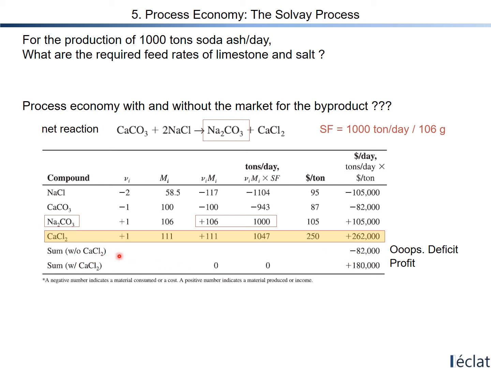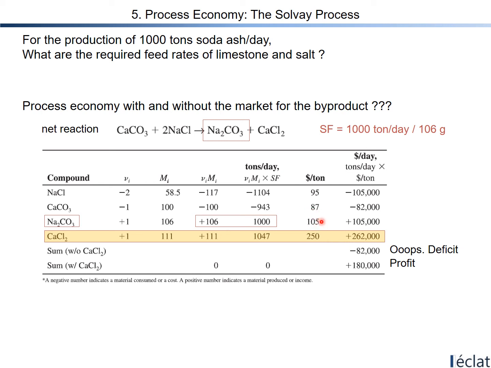In that case, oops, deficit. We lost money from the chemical processes. However, surprisingly, the byproduct is very valuable, more than the sodium carbonate. The value of calcium chloride is $250 per ton, which is higher than the value of sodium carbonate, 105.